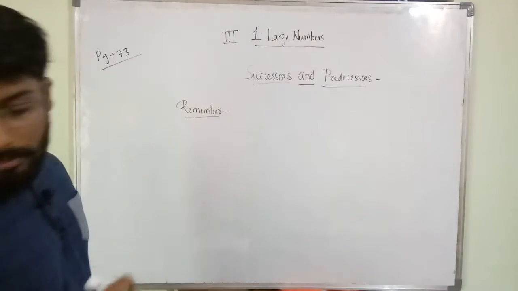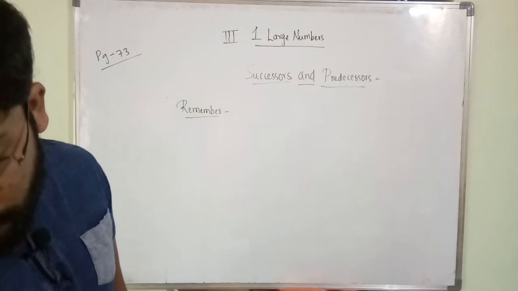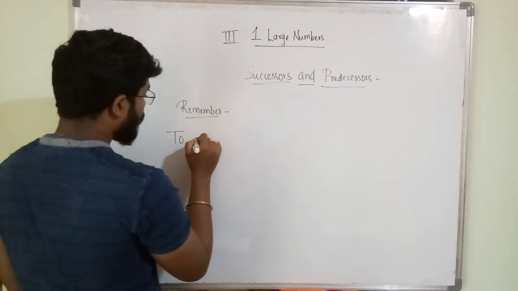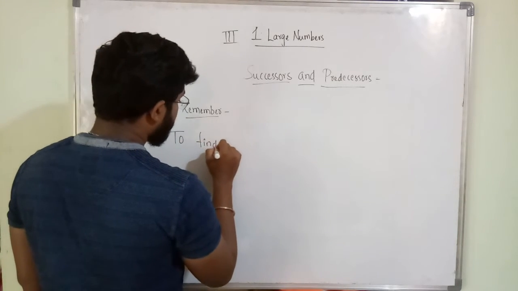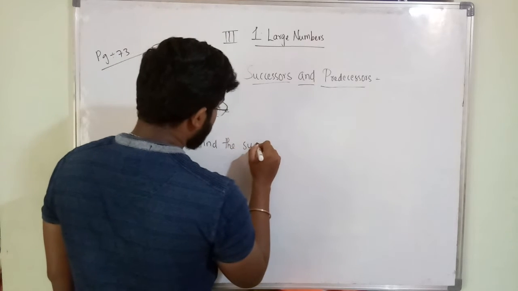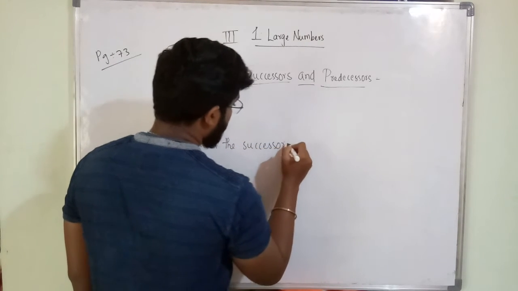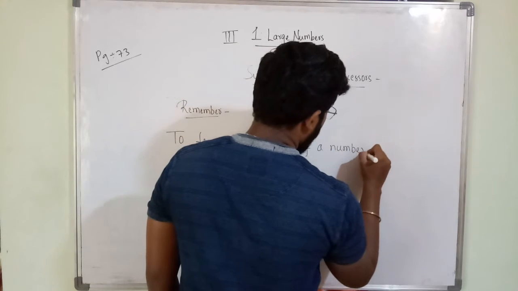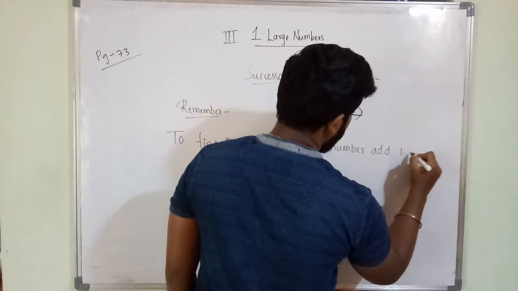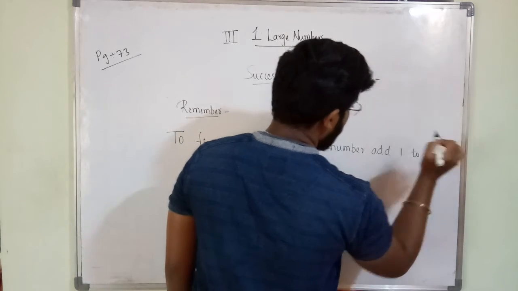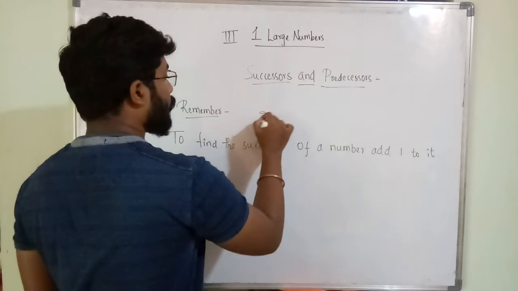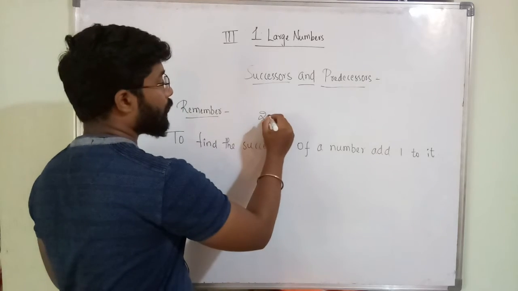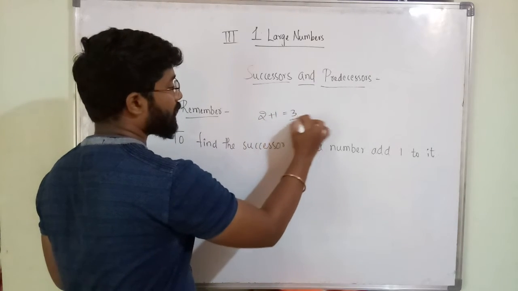What is that? To find the successor of a number, add 1 to it. Just now what I have said. He has given some number 2 and he is asking the successor of 2. So what you should do, you have to add +1 to get the successor.